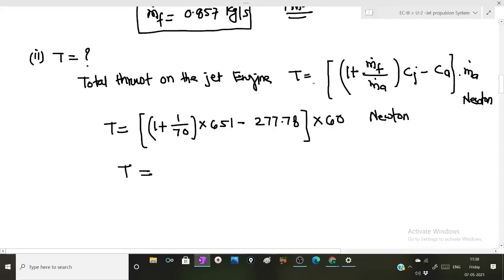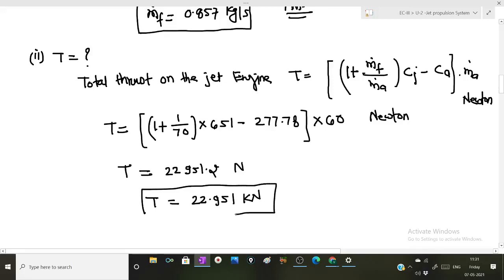If I calculate this, it comes out 22,951.2 Newton or 22.951 kilonewton. This is answer number 2.